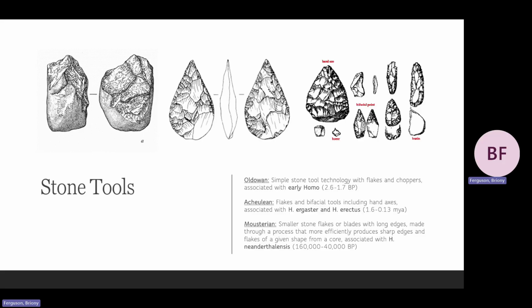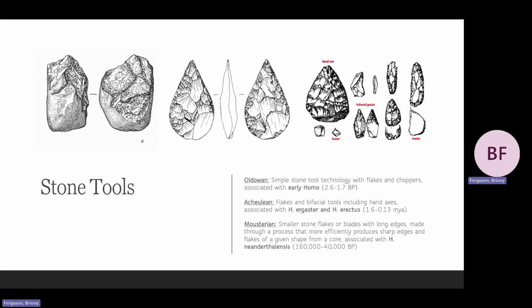Moving on, we have stone tools. Now, stone tools are a really good way to kind of tell how a species thought, how intelligent they might have been, and also what their environment was like based off of the material that they used and the tools that they felt were necessary to make. Now, the first stone tool technology that we see is Oldowan.